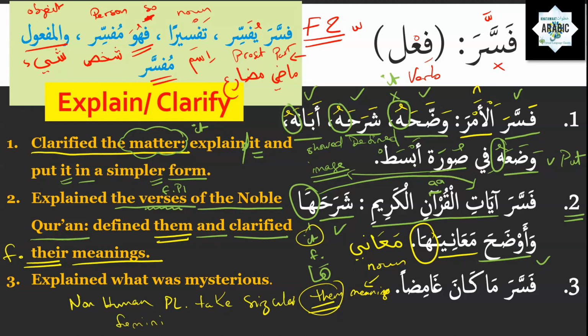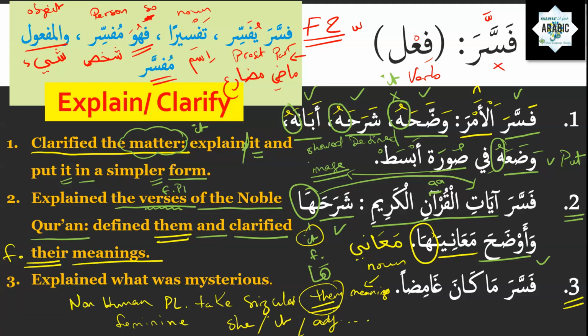And when they take singular feminine, trying to get it right, it could be she, it could be also an adjective that's feminine. So we will explain this again once it comes in other examples, but there is a video that explains feminine and masculine adjectives.